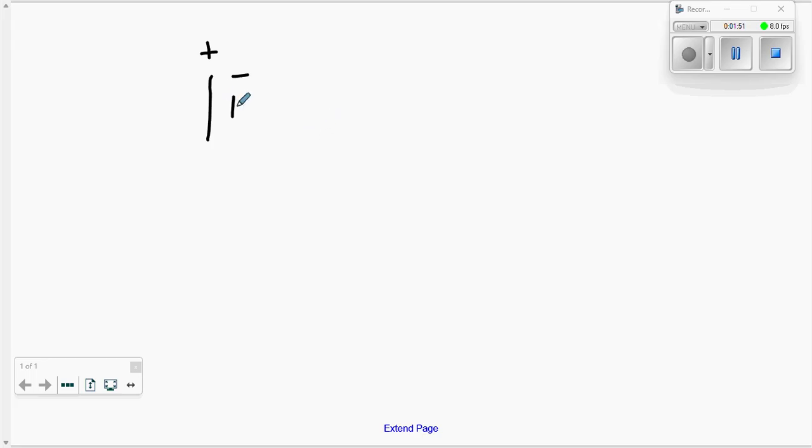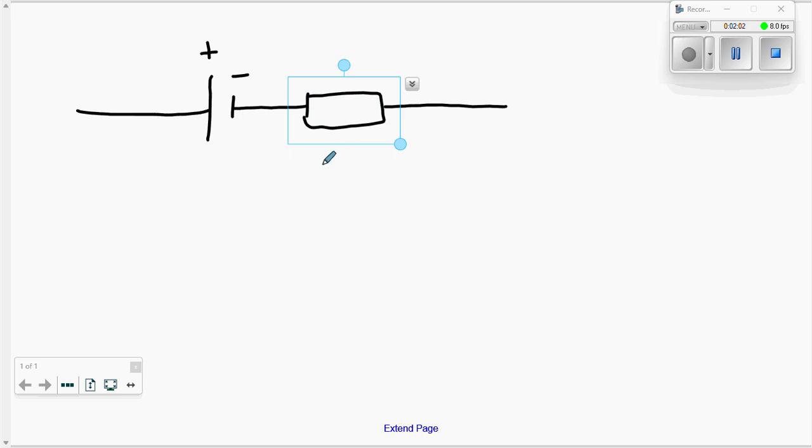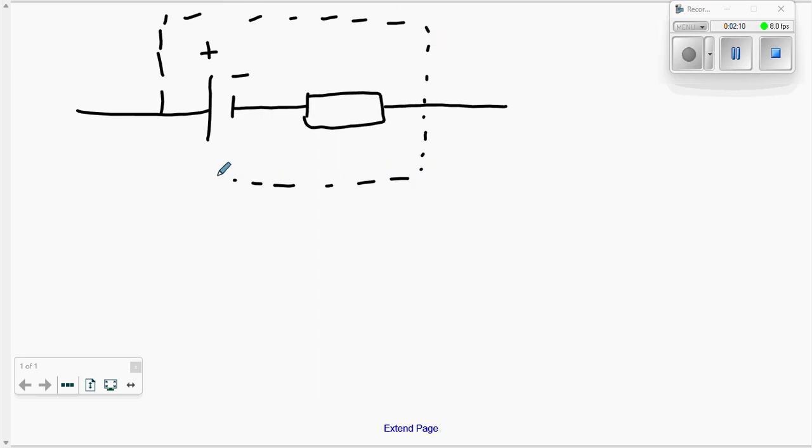So instead of just drawing a long line and a short line, we then also need to add a resistor to our diagram. Okay, we're going to extend the lines out like that, and then around the battery and the resistor, we're going to have this dotted line, which represents that this is the whole of the battery.